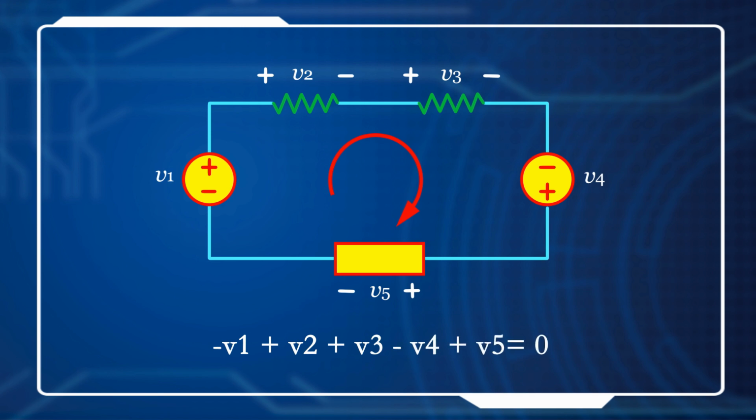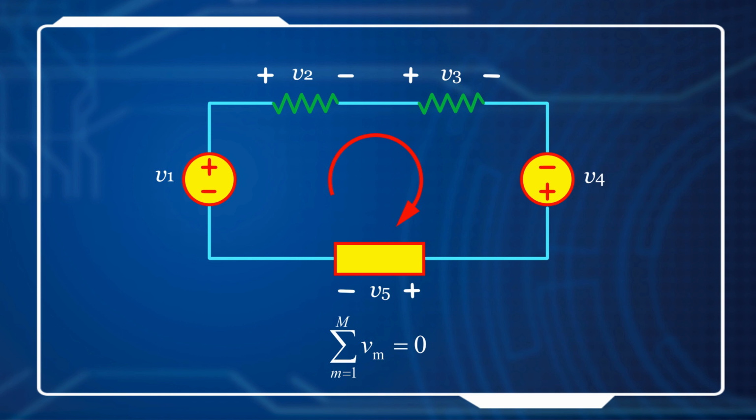That is KVL. Mathematically, the sum of Vm from m equals 1 to capital M equals 0, where Vm means the voltage of an element in a loop.